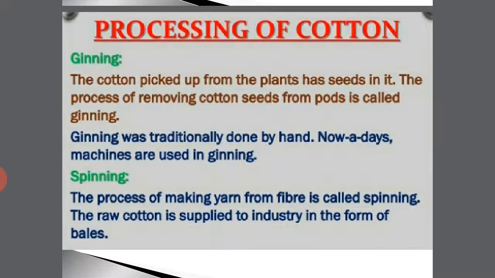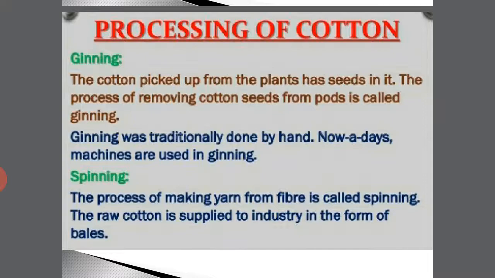The process of removing cotton seeds from the pods is called ginning. Ginning was traditionally done by hands. Nowadays, machines are used in the modern era of technology. Earlier it was done manually, and it takes lots of time.